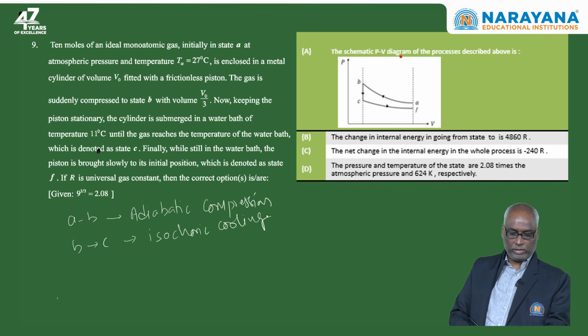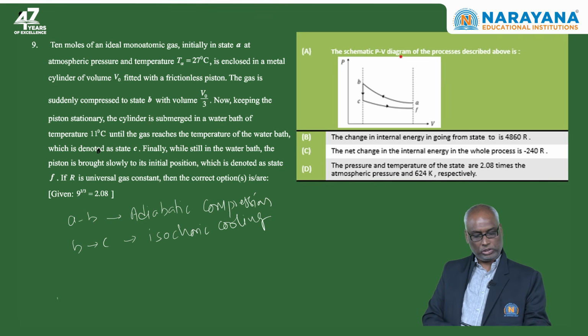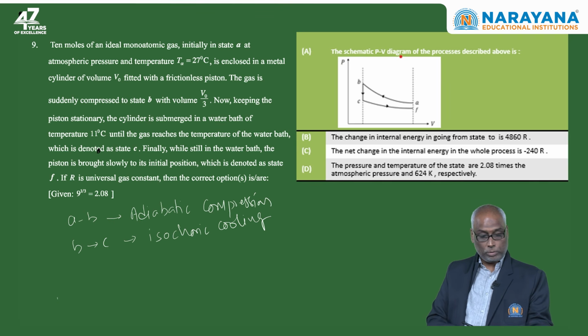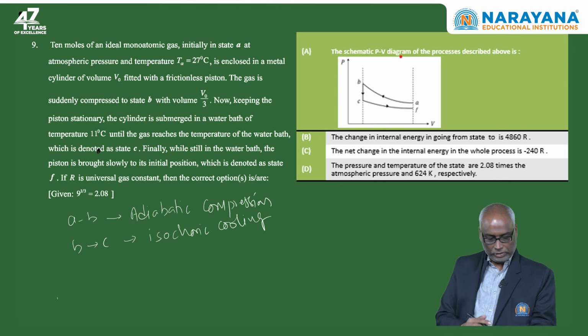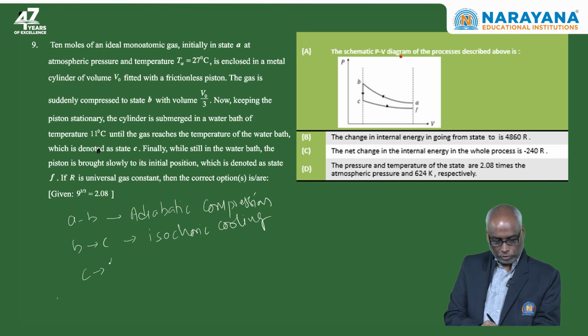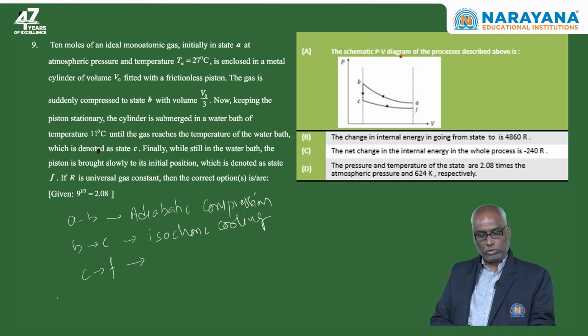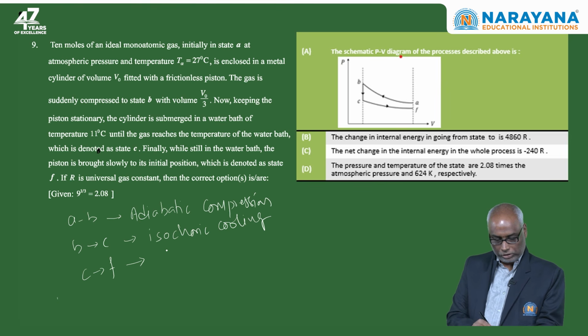After that, he says that finally, while kept still in the water bath, the piston is brought slowly to its initial position. So, that is C to F. During this process, the temperature is kept constant and the volume has increased to its initial volume. So, it is an isothermal expansion process.